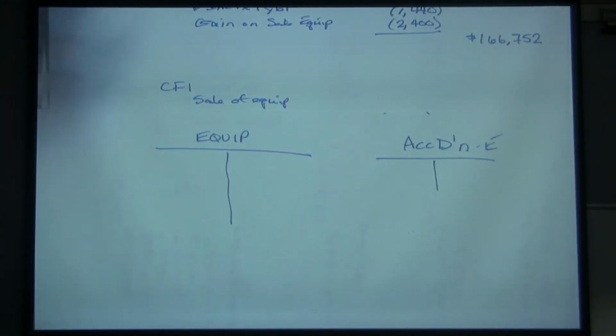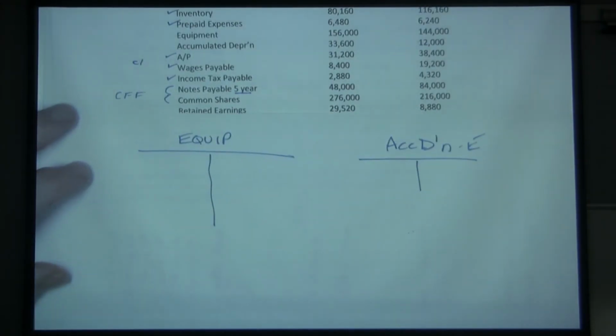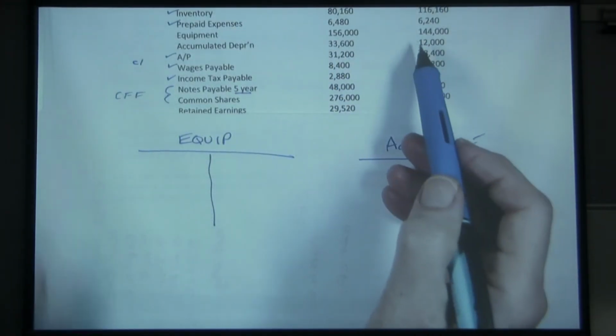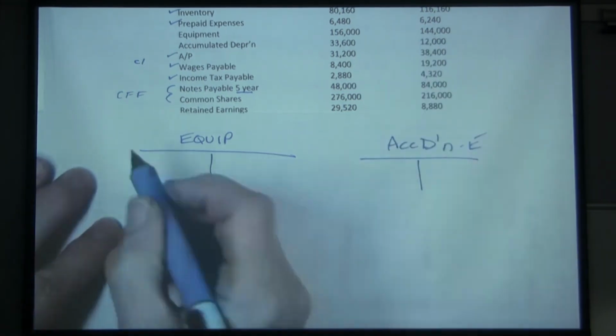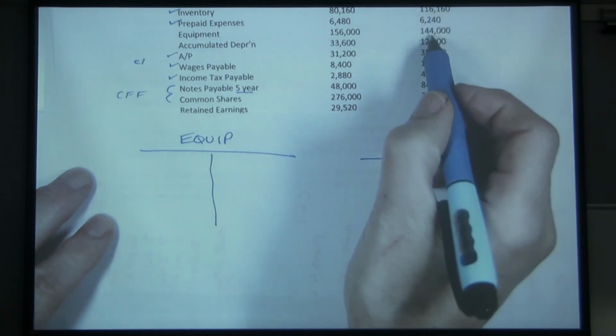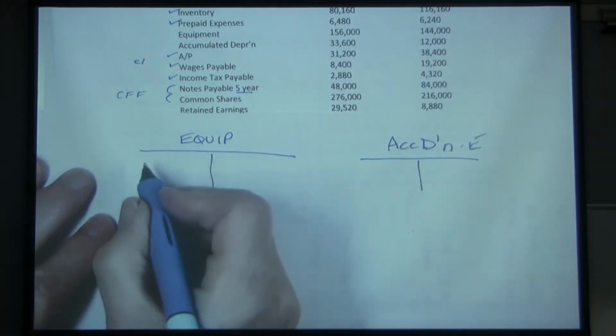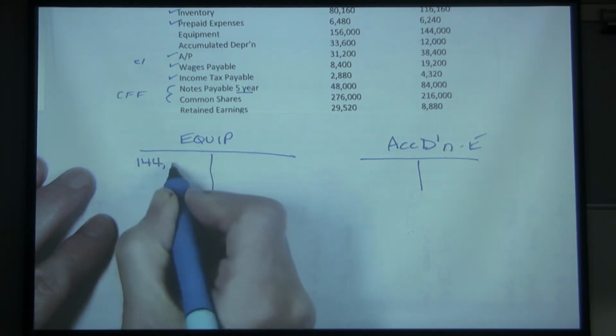To get an accurate record of what's going on, we need to go back to our comparative balance sheets. Our equipment started the year at 100, so this is the end of 2019, which is the same as the beginning of 2020. Equipment is an asset, so we put it on the debit side.